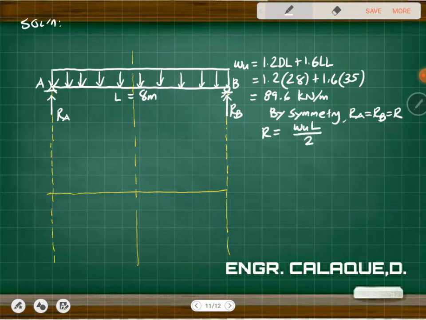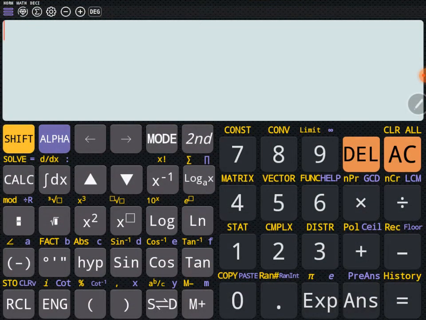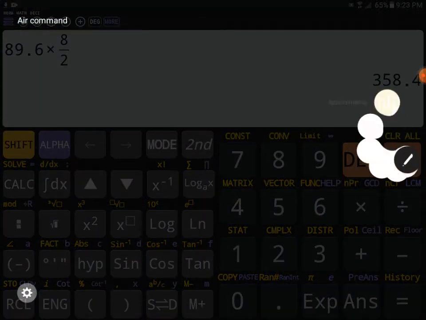Yung total load divided by 2. So, we have 89.6 times yung length na 8 divided by 2. So, therefore, meron tayong 89.6 times 8 divided by 2. So we have 358.4.